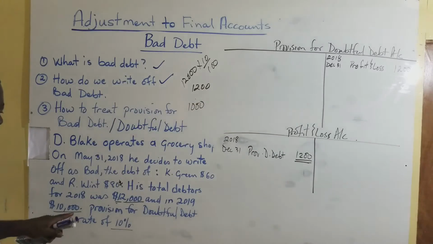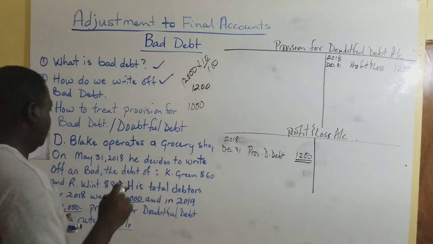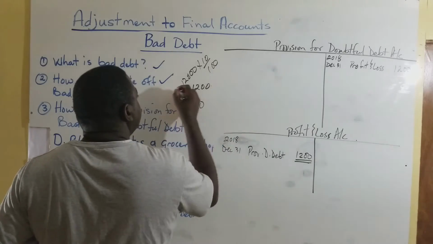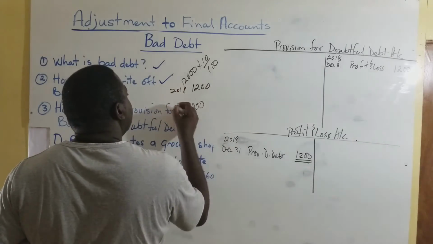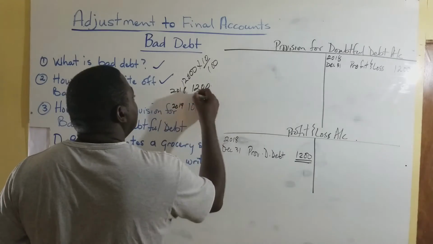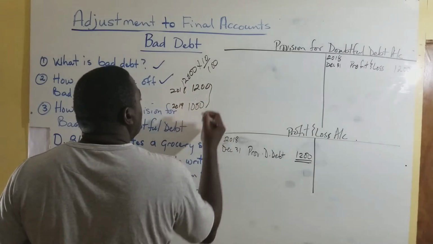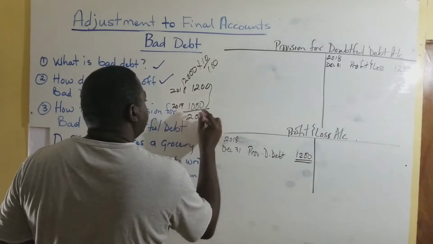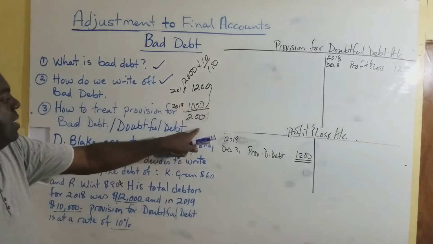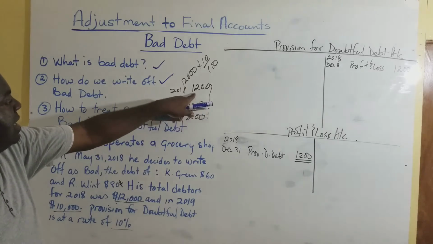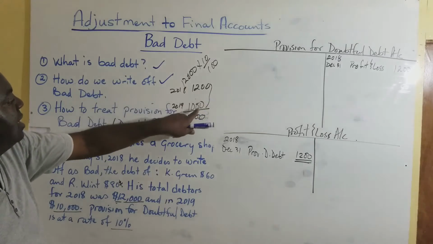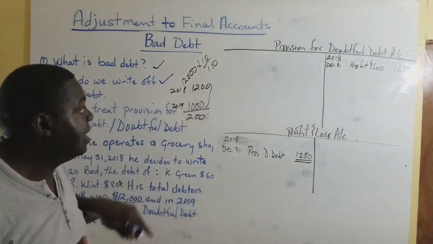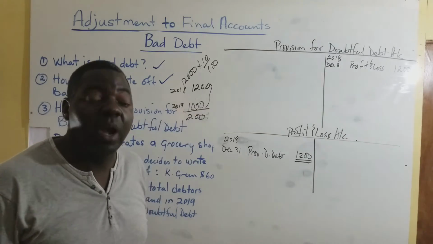In 2019 it is 1,000. So what has happened between 2018 and 2019? When we compare these two, we realize it has decreased by $200. The provision decreased because last year was 1,200, and this year is 1,000.